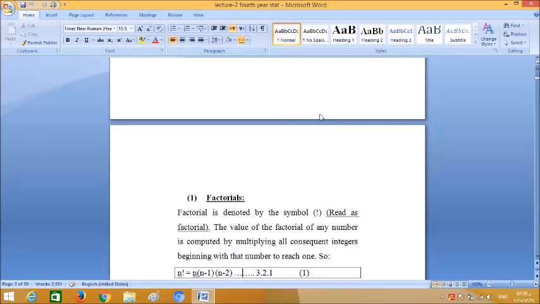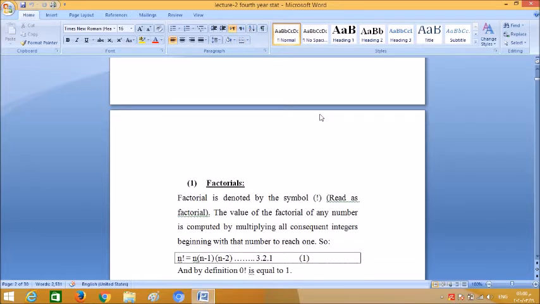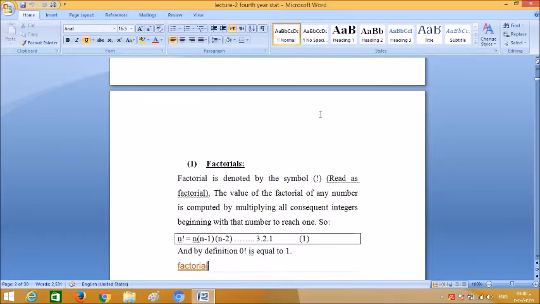If we want to get the factorial of 5, multiply 5 by 4 by 3 by 2 by 1, and so on. This factorial you can compute using your calculator. Okay, so n factorial equals n multiplied by n minus 1 by n minus 2 and so on to reach 3, 2, 1. And by definition, 0 factorial is equal to 1.